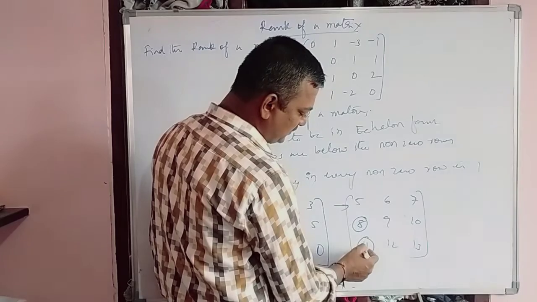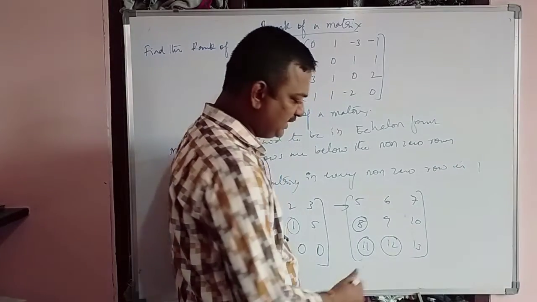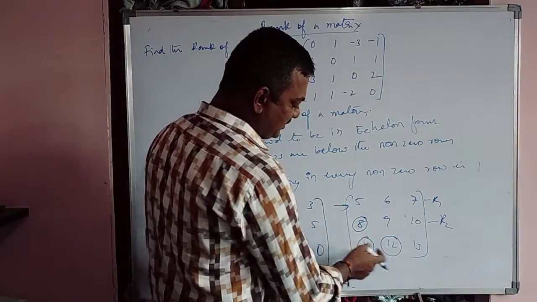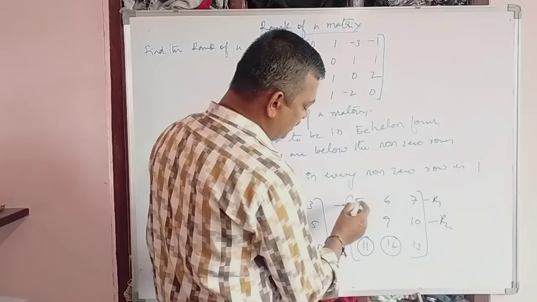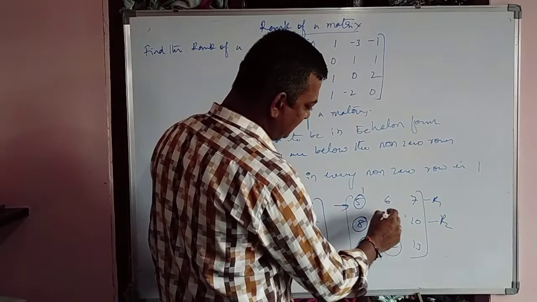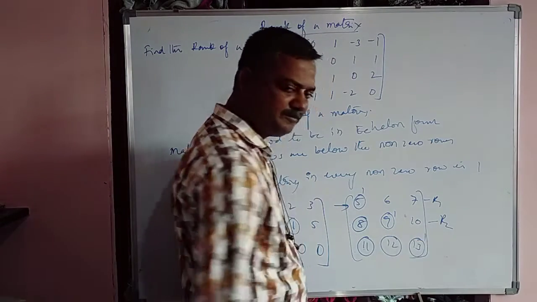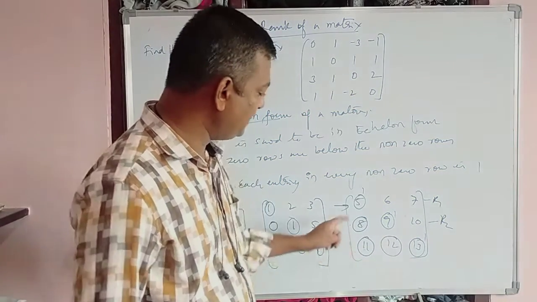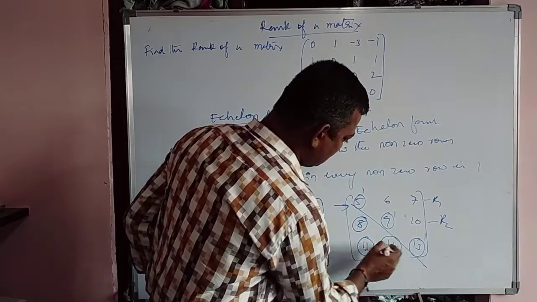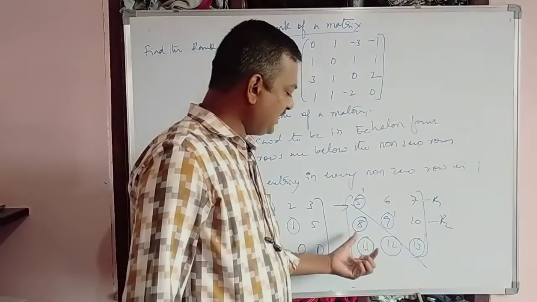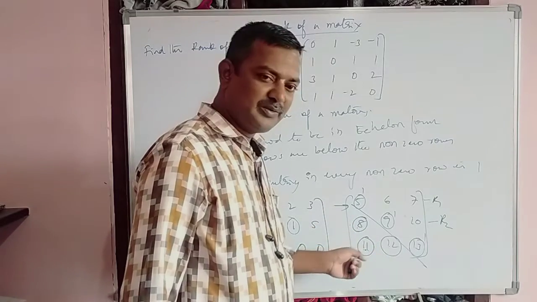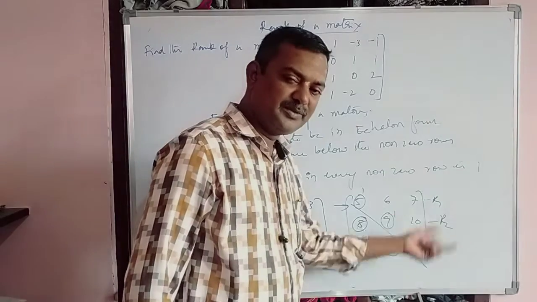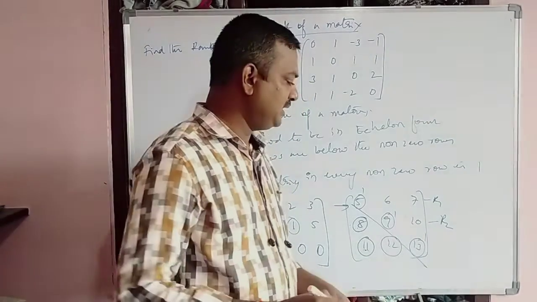After getting both 0, you make this element 0 with the help of R2. Once these elements are 0, you can make this element 1, this element 1, and this element 1. Also remember that when you apply the operations, our aim is to make the below-diagonal elements 0. While making the below-diagonal elements 0, sometimes all the elements of a row become 0.